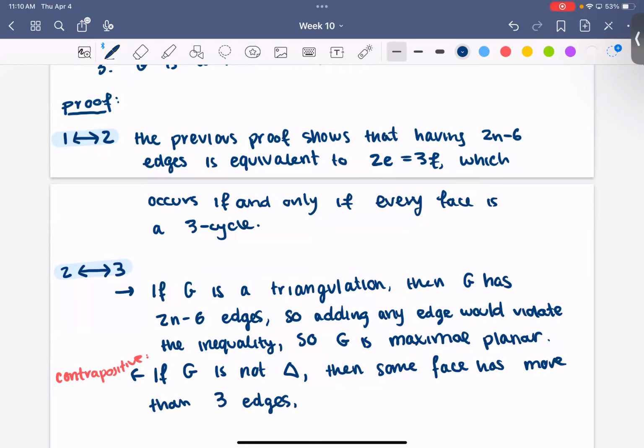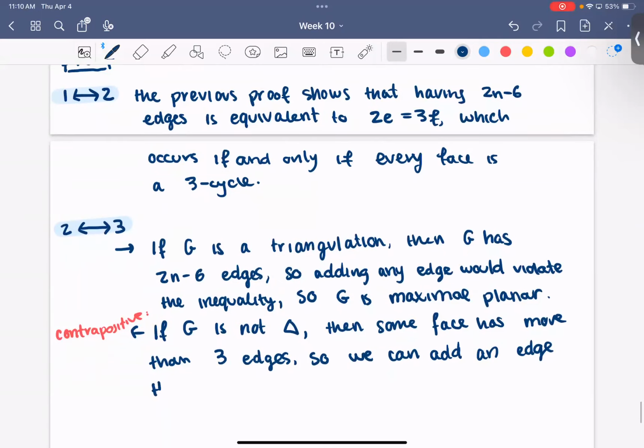So there is an edge we can add to this face. So then G is not maximal planar.